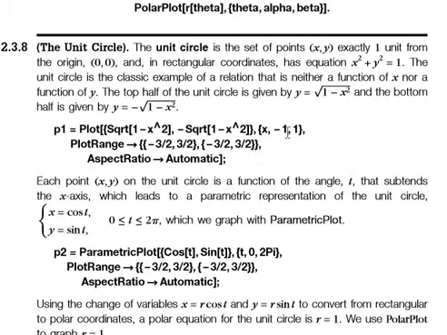The independent variable is x from minus 1 to plus 1, and for the plot range, here we define the plot range as you want, and the aspect ratio is automatic.